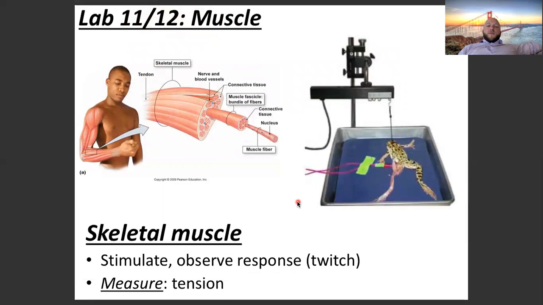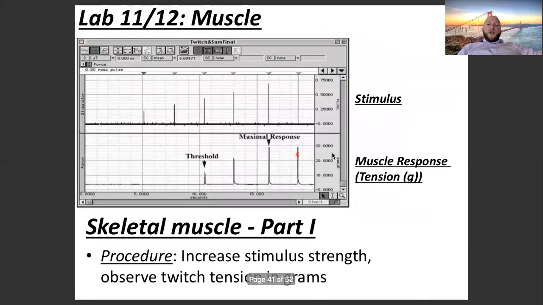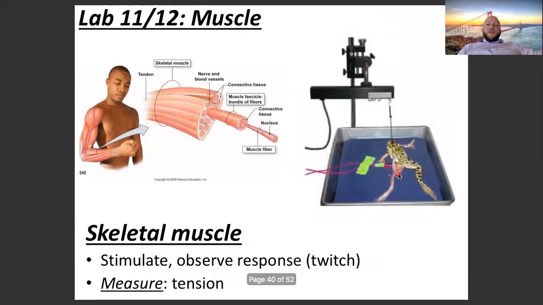Now, part one of the frog gastrocnemius experiment is similar to the sciatic nerve experiment in the sense that we are shocking the gastrocnemius with varying levels of electricity, and we're seeing the response. Each shock has tons of time between them. It's like an individual shock, and then we wait, and an individual shock.